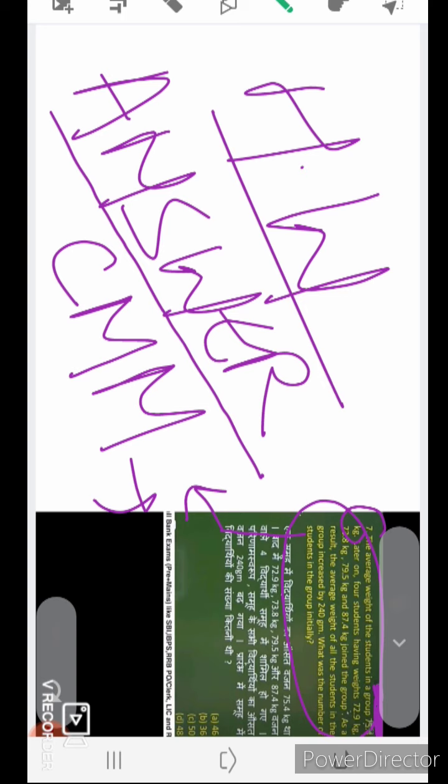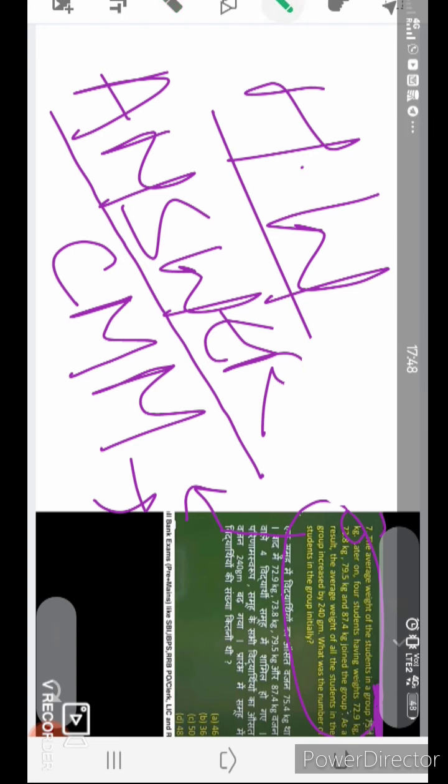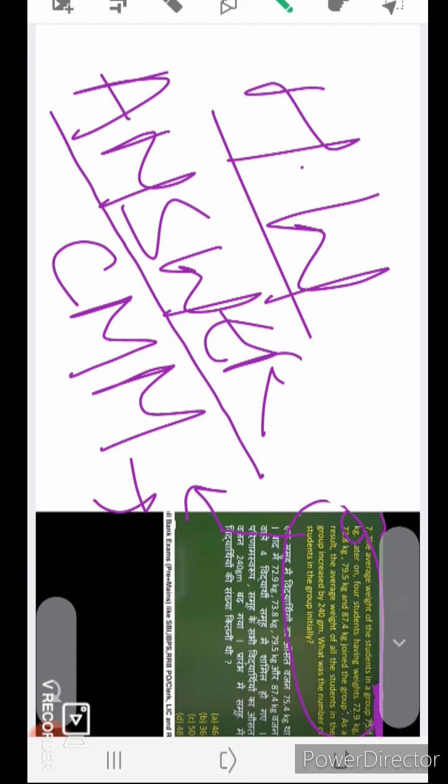Then average is not going to be a burden in numerical ability. Remember, from now onwards you have to take one thought in your mind, that you are now not going to skip average questions, at least in the exam. Don't skip average questions in the exam. Apply the cross multiplication method. Okay, so this is it.